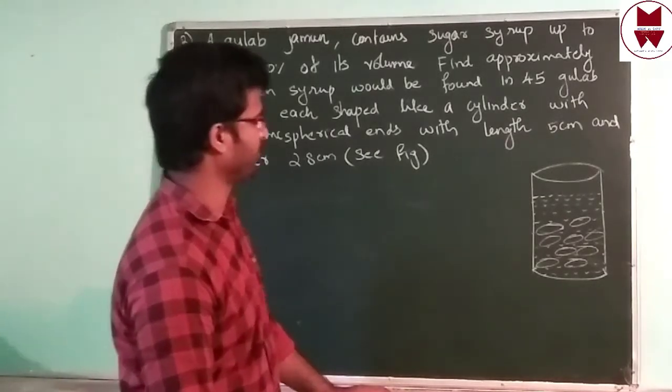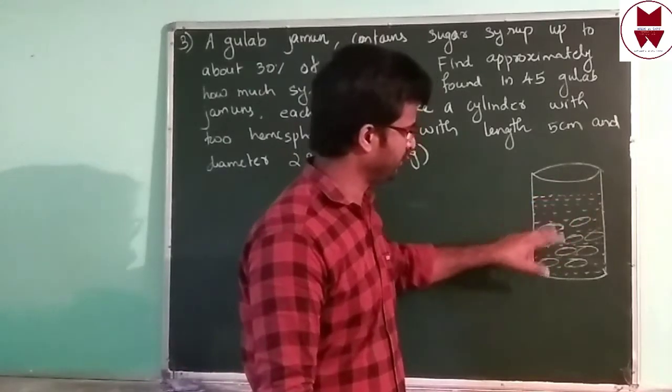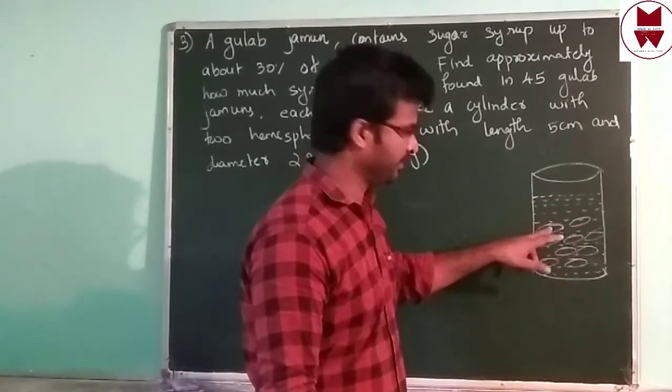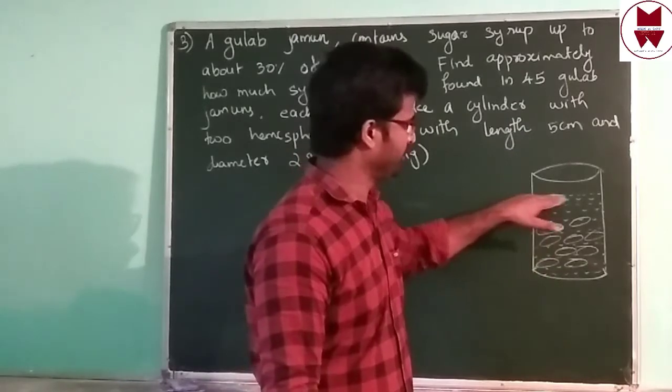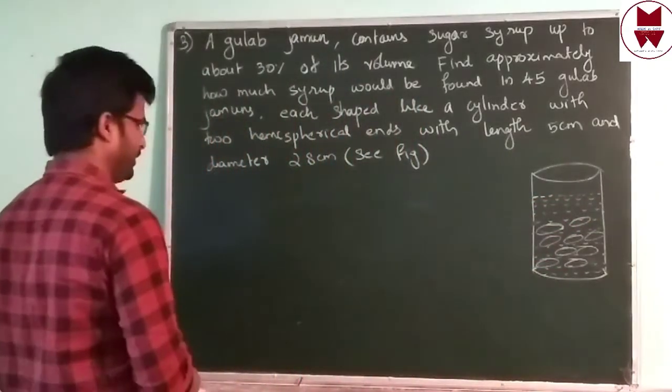See figure. One figure is also given. Then in here you can see many gulab jamuns, that is 45 total. Then up to here sugar syrup also is there.